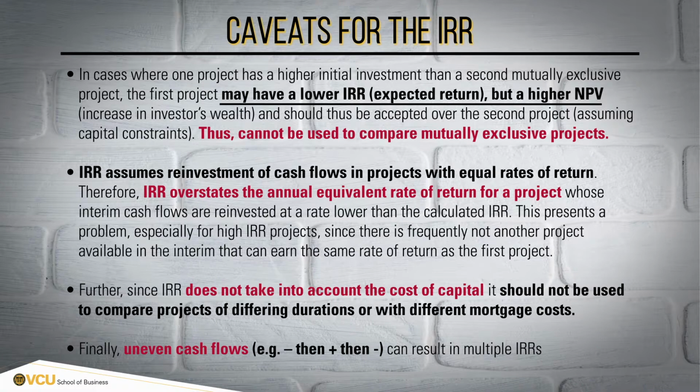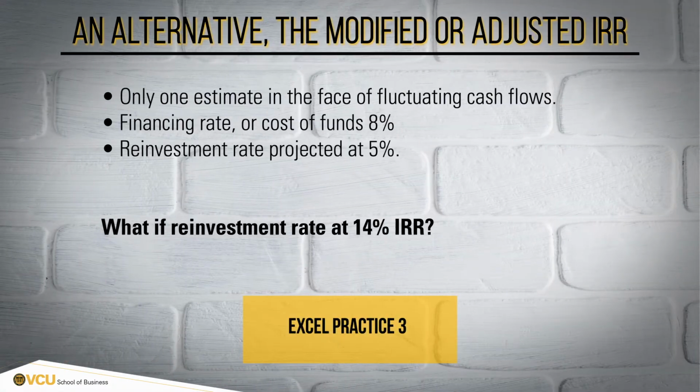And that's not included in the IRR calculation. We have one. Let me at least show it to you. You can play with it periodically and throughout this semester. You don't see it all the time out there in the market, but you should be aware that it exists as a way of actually comparing or putting a sanity check on your IRR estimate. And that is the modified or adjusted IRR.